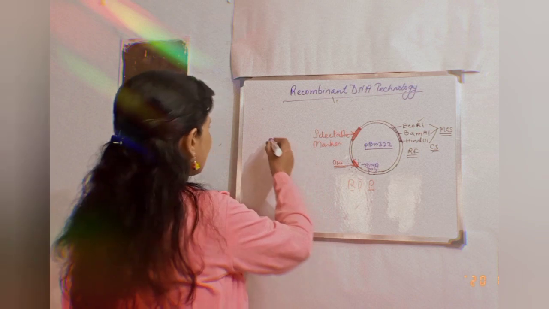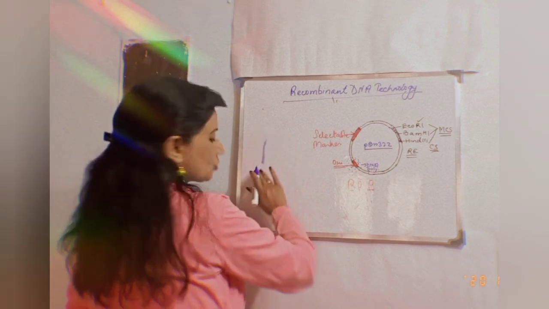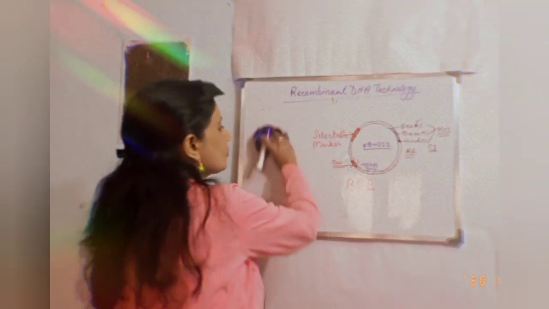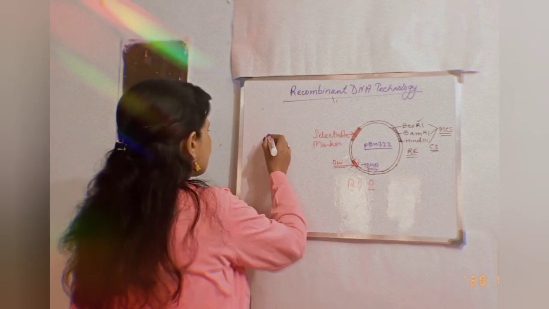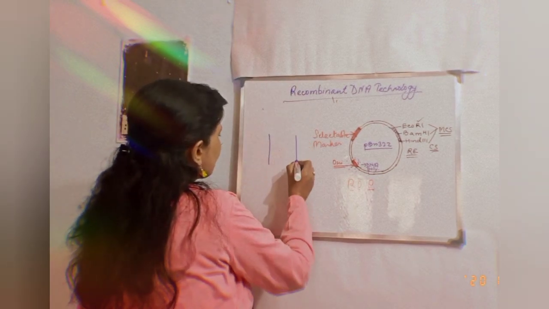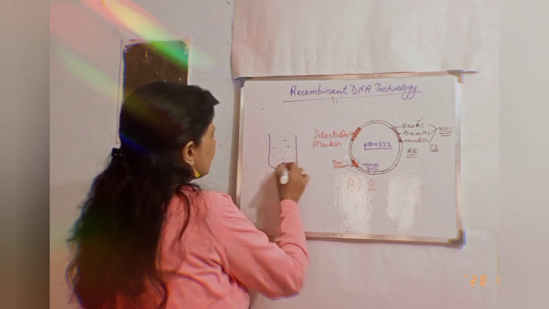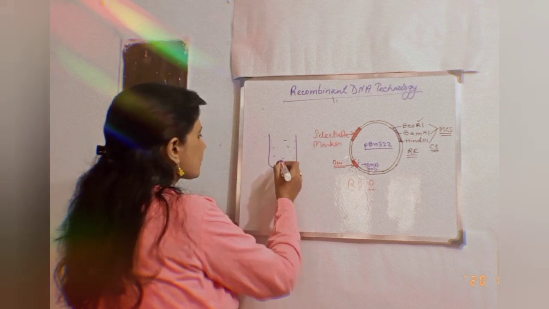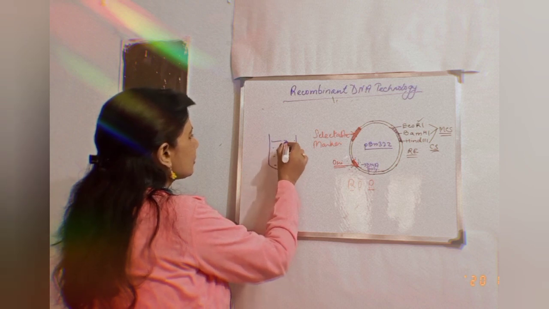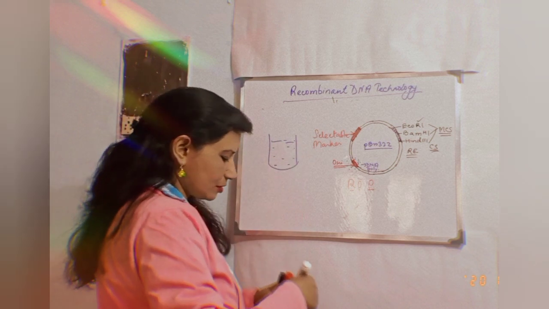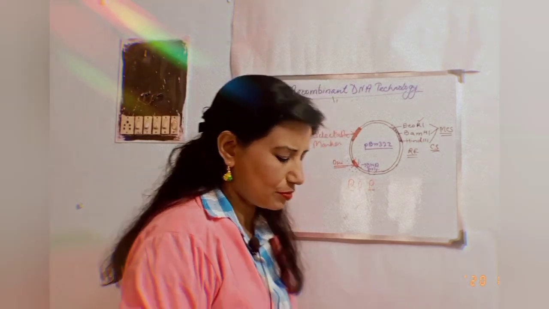So let me just take you to that place first, which I will explain, and then I will come to why I need the selectable marker. Okay. So here there is a mixture and there is a buffer as usual present, and there are some target genes. I will take another color so that you can understand properly.